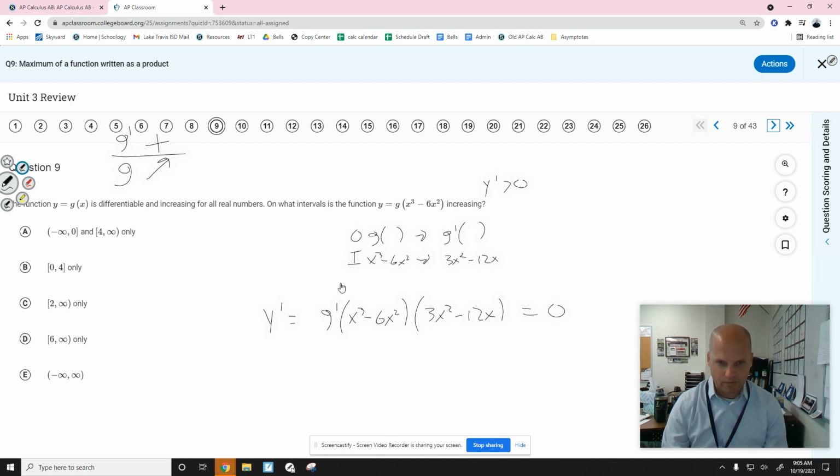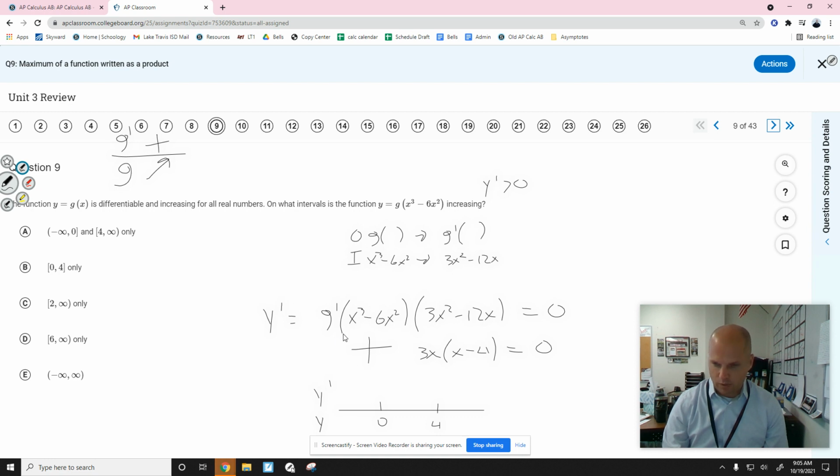G prime is positive. This is positive. G prime of this could change signs. So what I'm going to do is factor out a 3x from this, and my sign analysis will be around 0 and 4 when this piece could be 0. And these will be the signs of y prime, which will tell me when y is increasing or decreasing.